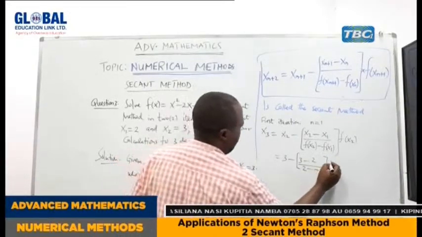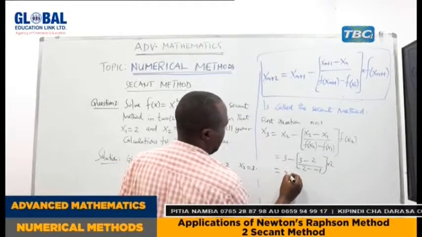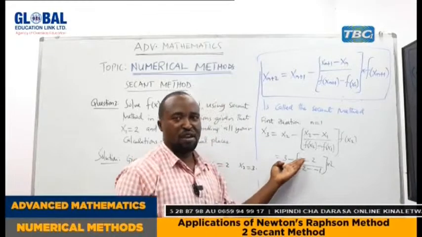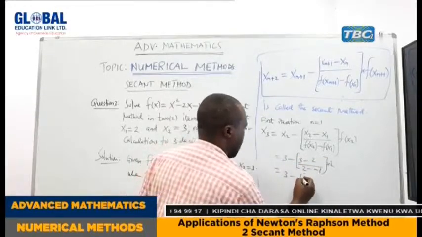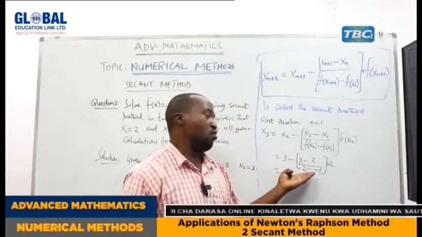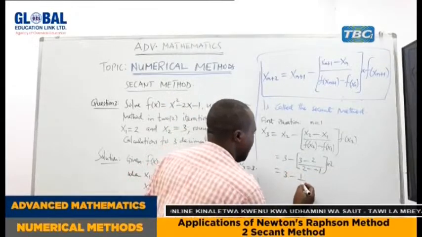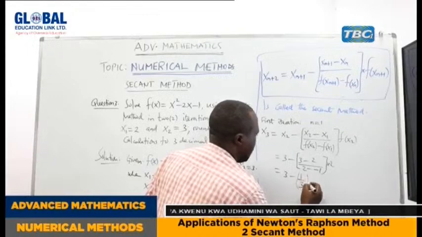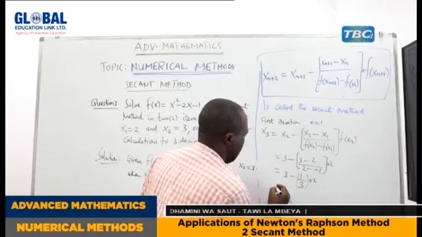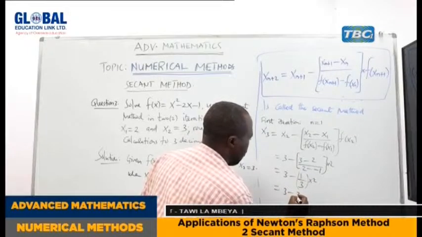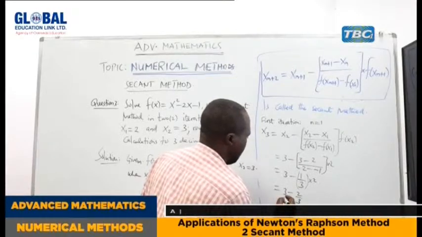So this one is equal to 3 minus, here we have 3 minus 2, so we have 1 over 2 minus 1, that is 3, but this one times 2. So this is 3 minus 2 over 3.